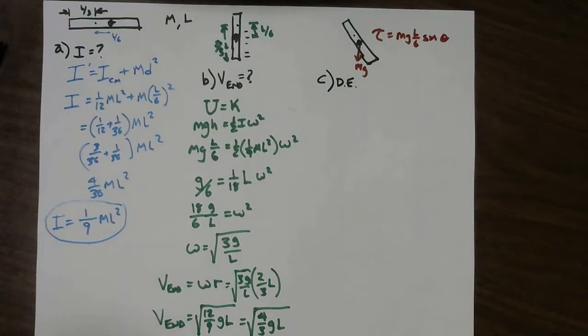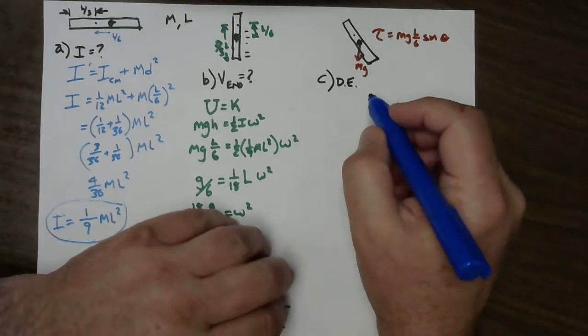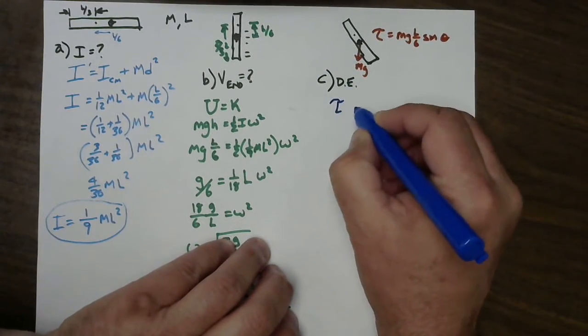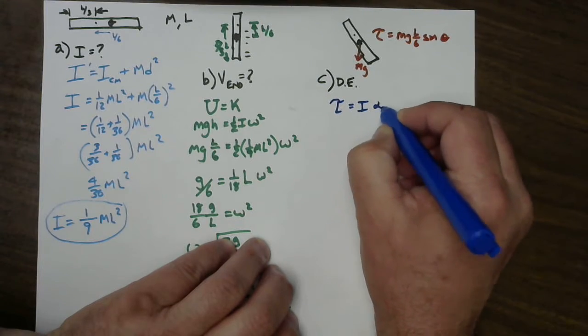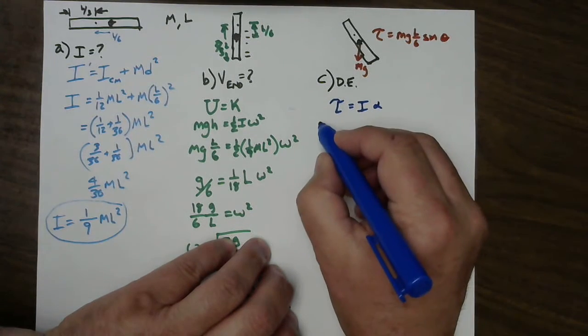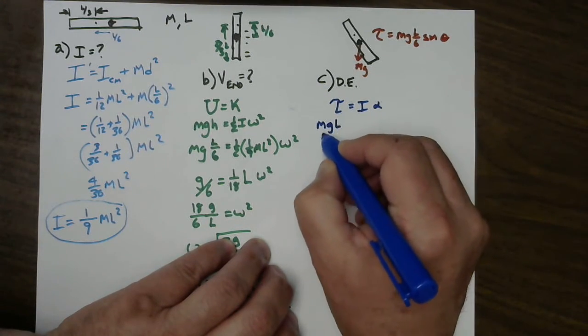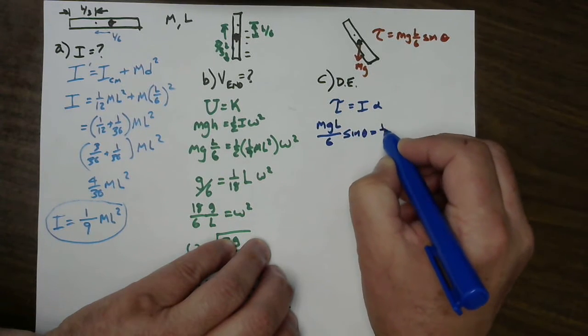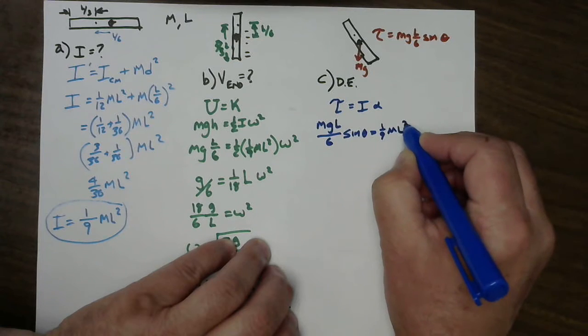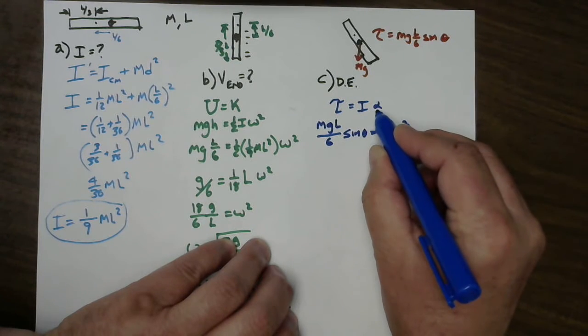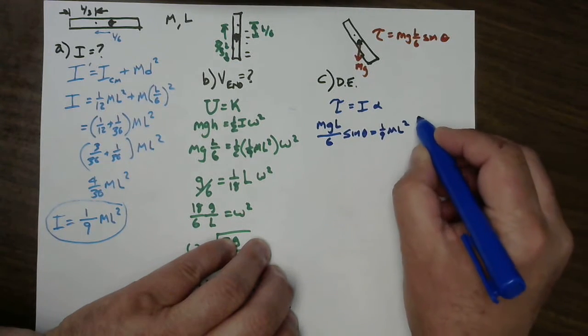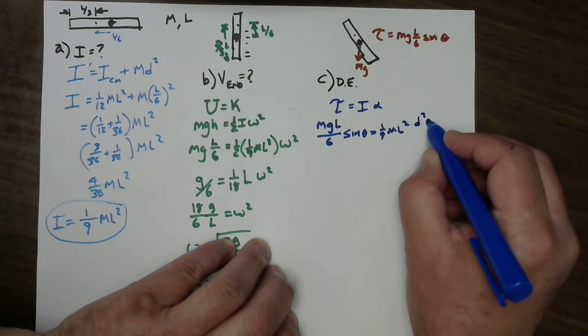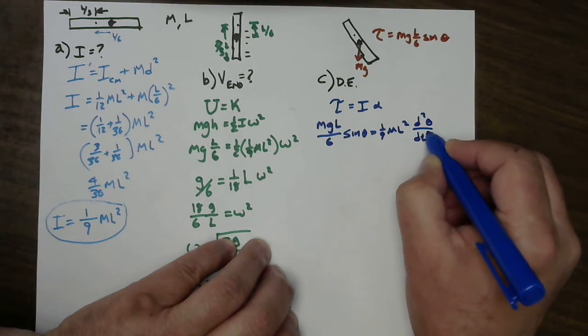And that's going to let us write down the differential equation because we're going to start with the torque version of Newton's second law. Okay, this is mgL over 6 sine theta equals 1/9 mL squared, and we're going to write this alpha as the second derivative of theta.